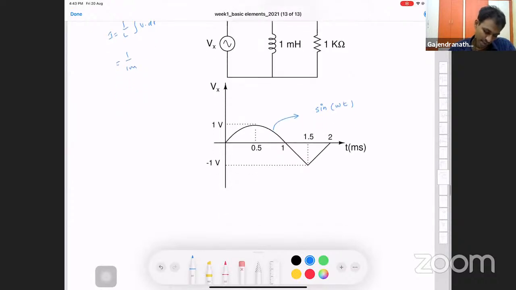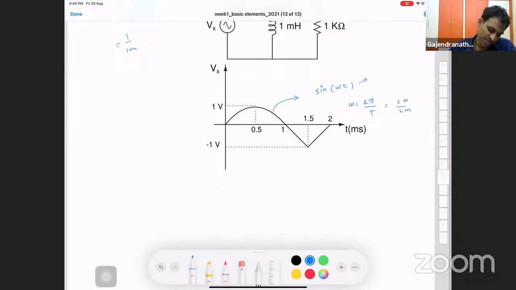What is omega there? We have to find. So if you see, omega is defined as 2 pi by T. So if it goes from 0 to 1, it means it's going to have a period of 2 milliseconds. So omega is 2 pi divided by 2 milliseconds.